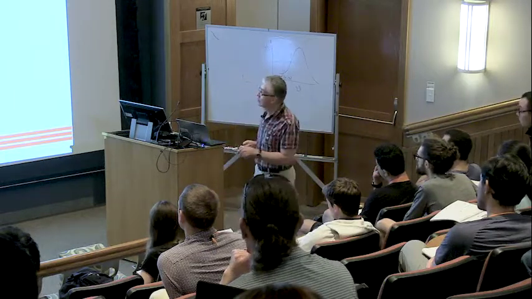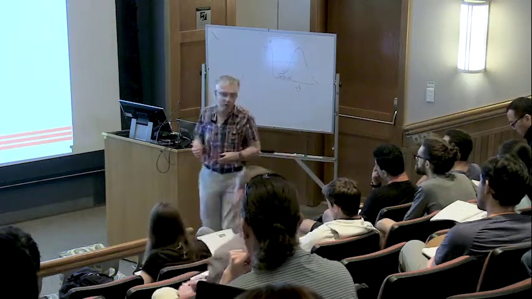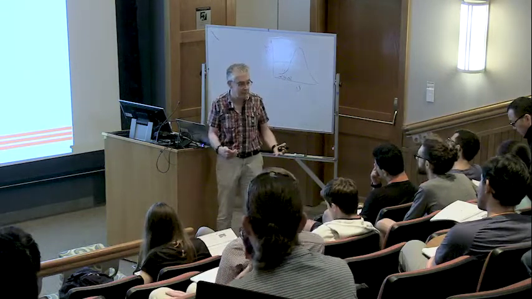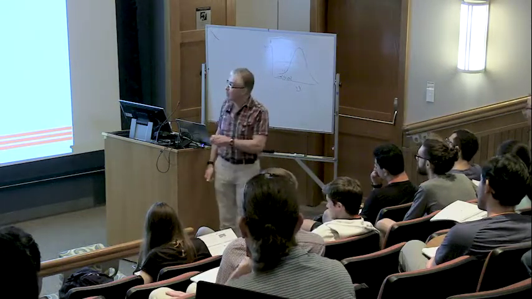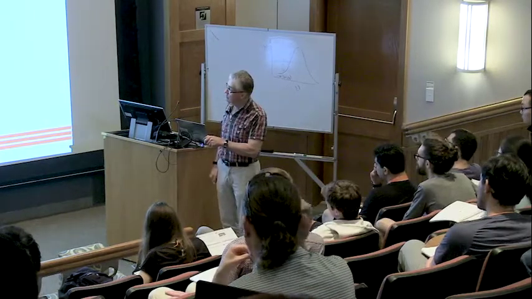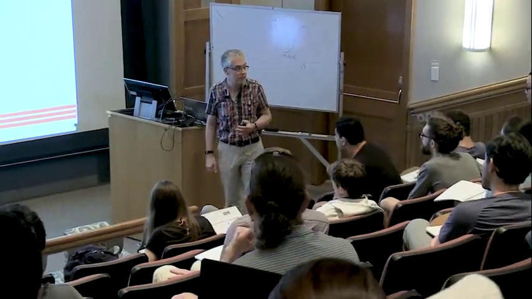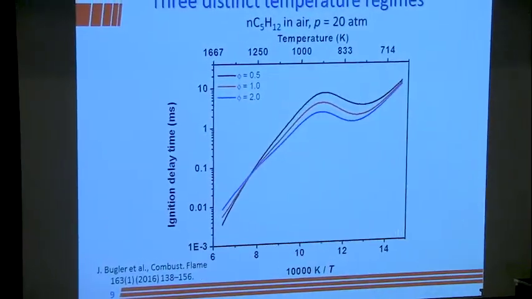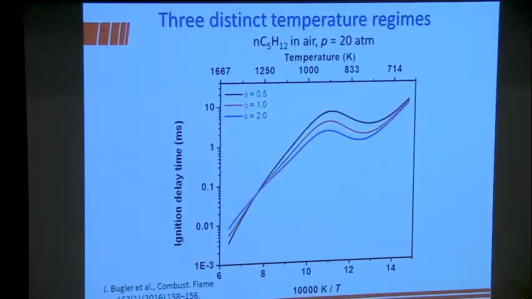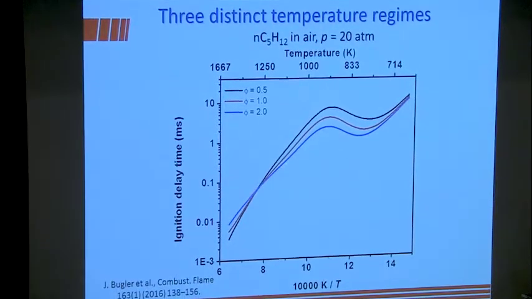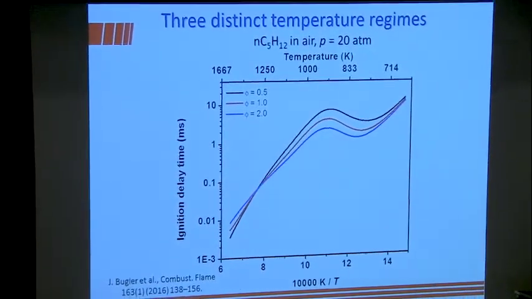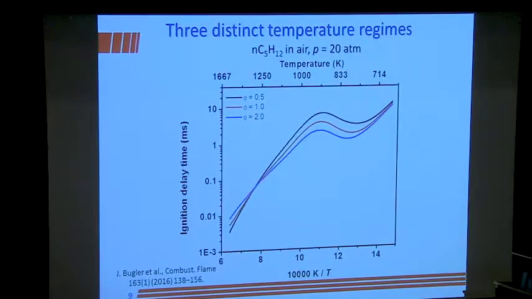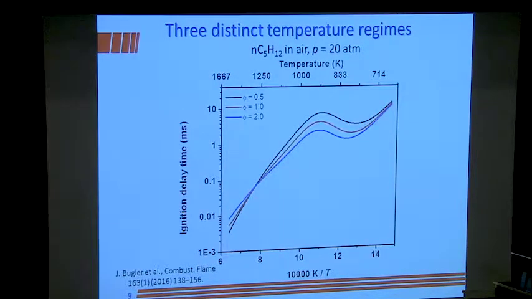And so, in other words, your alkyl radical concentration will be proportional to the concentration of the fuel. And so your alkyl radical concentration is increasing by a factor of 2 each time. And you can see up to this point, rich mixtures are faster. So in other words, the more alkyl radicals you get, the more RO2 you're going to get, even up to 1200, 1250 Kelvin at 20 atmospheres.